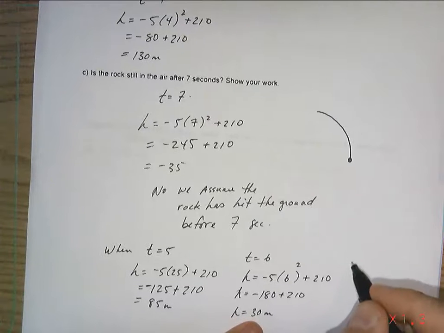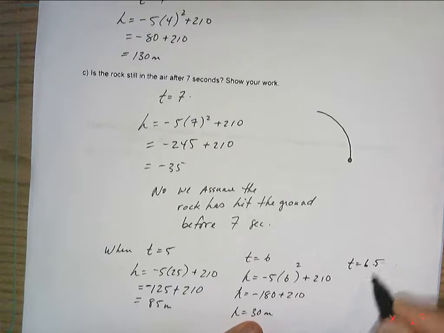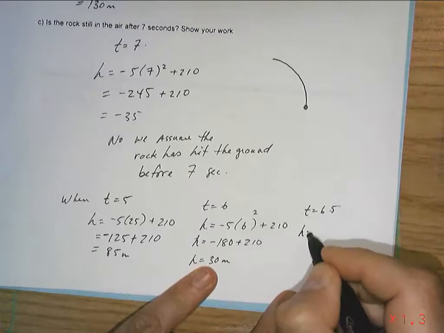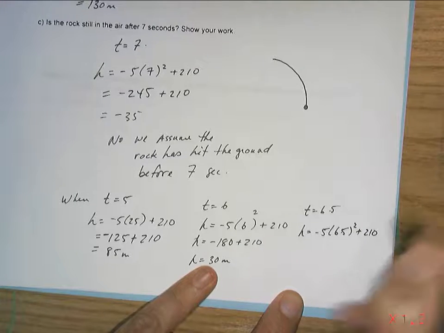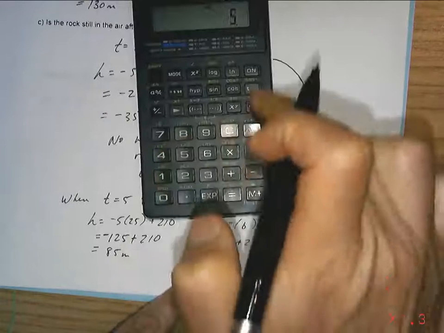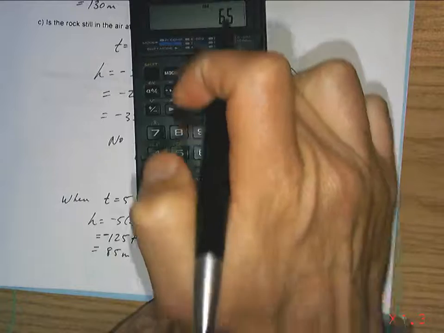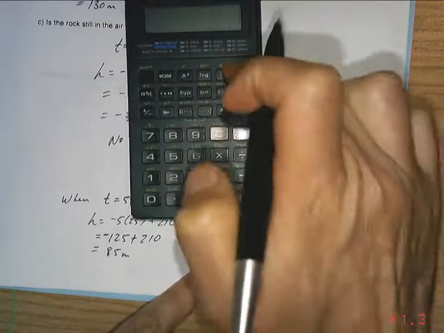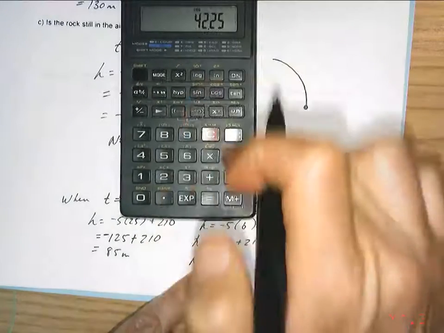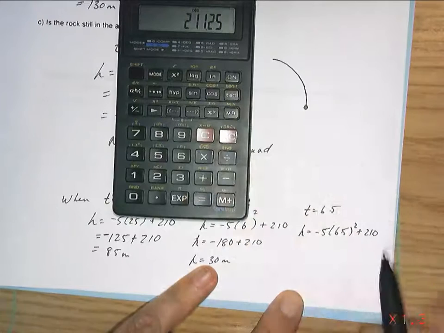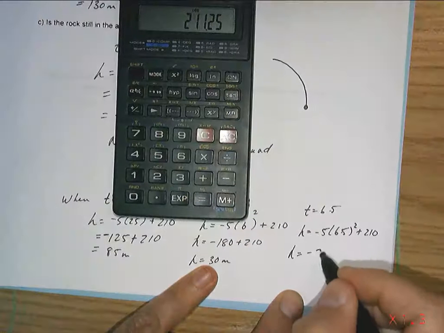So maybe 6.5. 6.5 seconds. 6.5 squared times 5. Okay, yeah, we've hit the ground.